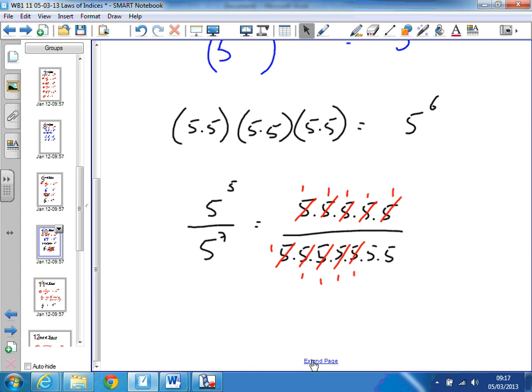And if you look at it, I'm left with 2 5s on the bottom and 1 on top. So this equals 1 over 5 squared. And from the law of indices, that's equal to 5 to the minus 2. So that's where it comes from.